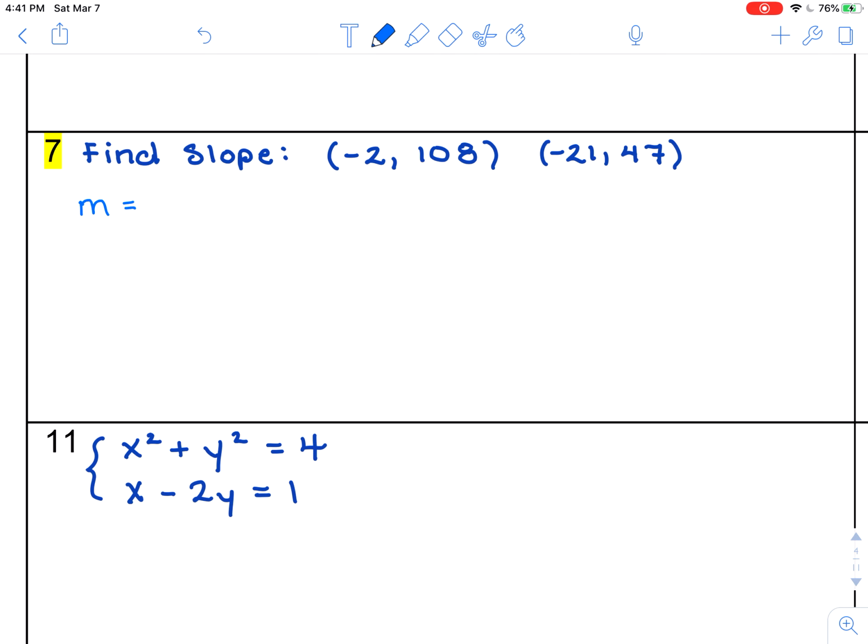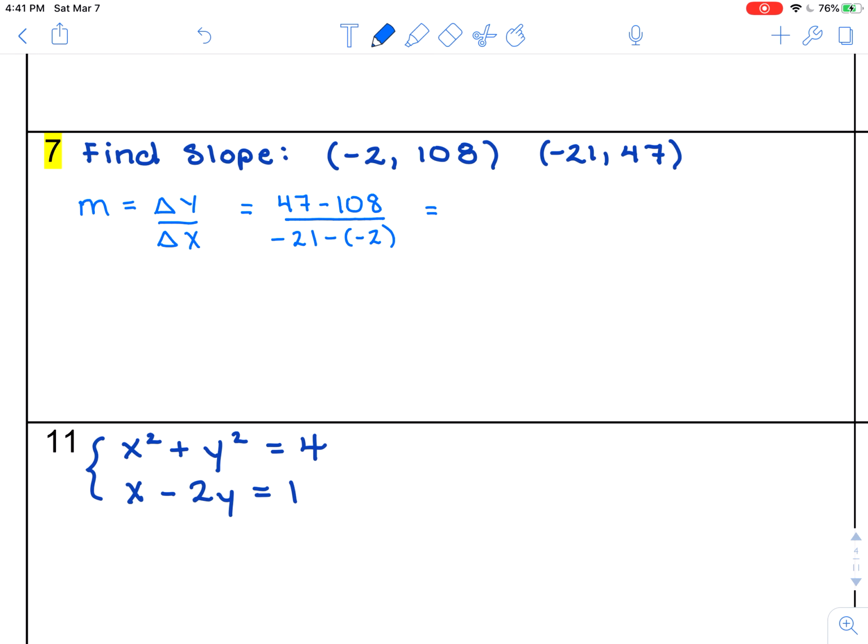thinking of what slope means. And you're welcome to do a shortcut formula of the delta y over delta x, or you can write that out as y2 minus y1 over x2 minus x1. So change in y means take your second y value, subtract your first y value, and then let's write that over our second x value and subtract our first x value.